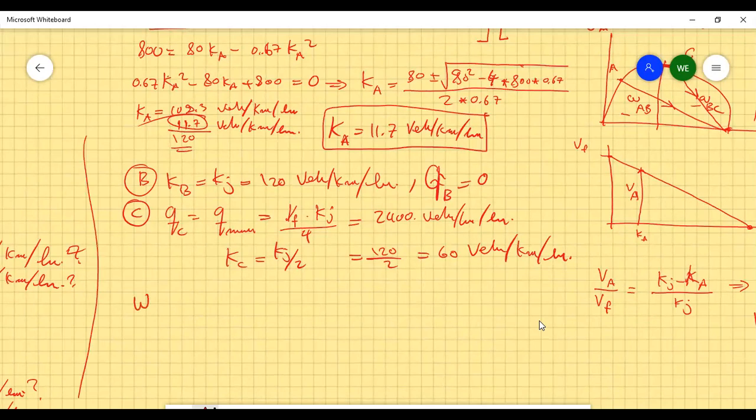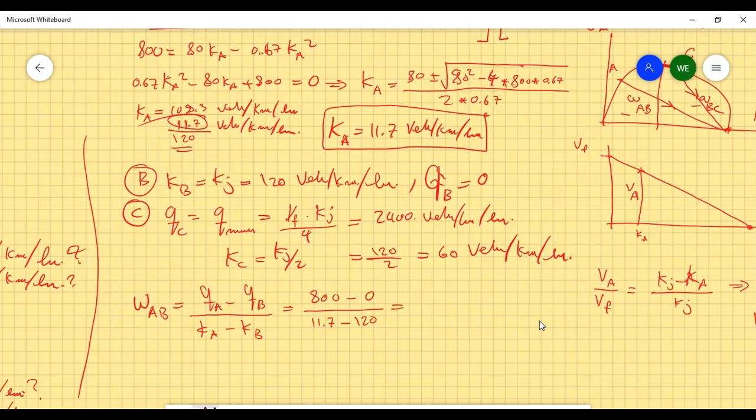So we have omega AB equal QA minus QB divided by KA minus KB. So here we have 800 minus 0 divided by KA is 11.7 minus KB, that's jam density, 120.